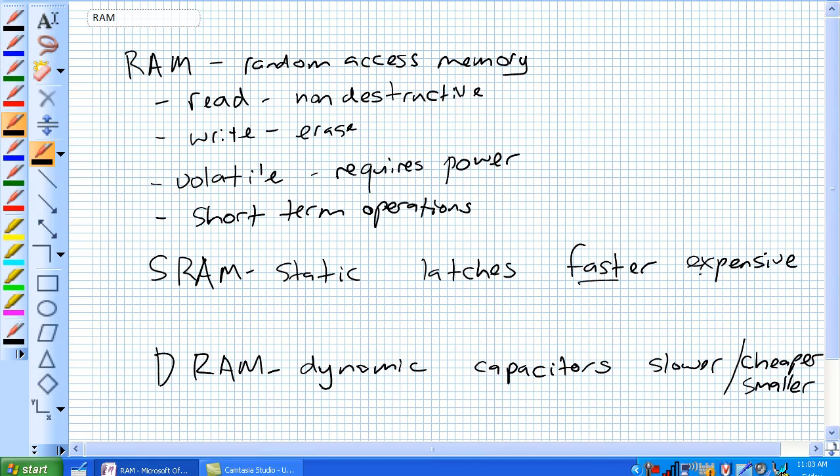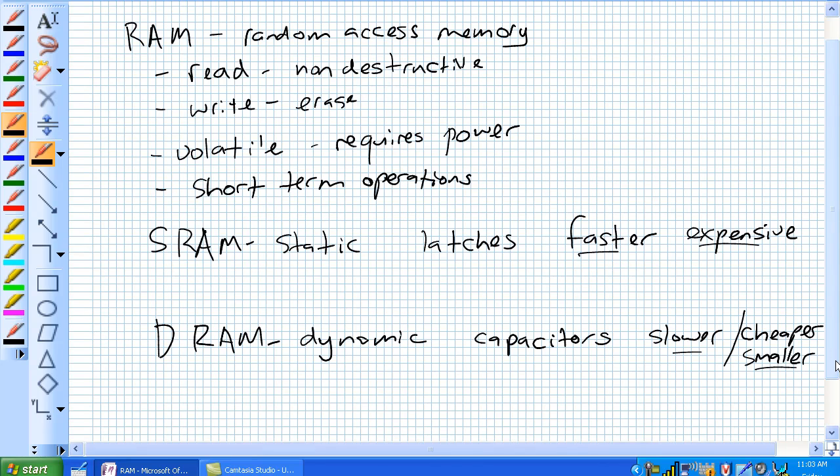The SRAM is faster and more expensive, and DRAM is slower and cheaper and smaller. Additionally, DRAM, because it's a capacitor, if we remember right, it's two parallel plates stuck together. It needs to be refreshed constantly, whereas SRAM, a latch is going to store a 0 or 1 indefinitely as long as we said there's power.